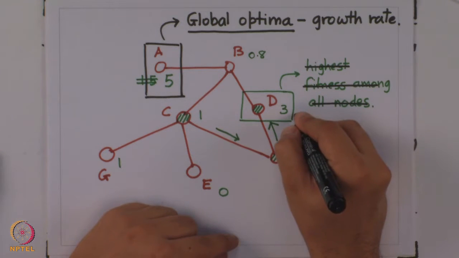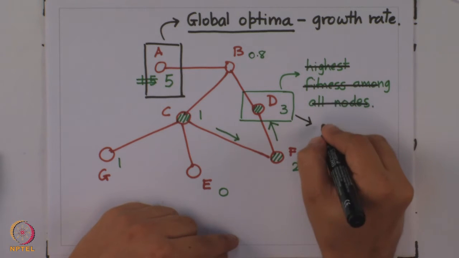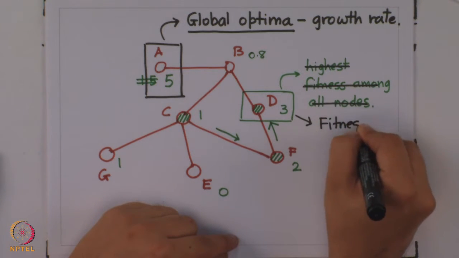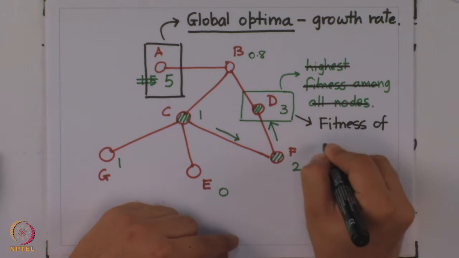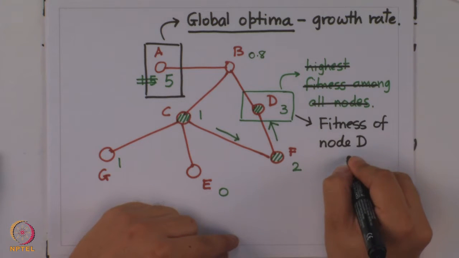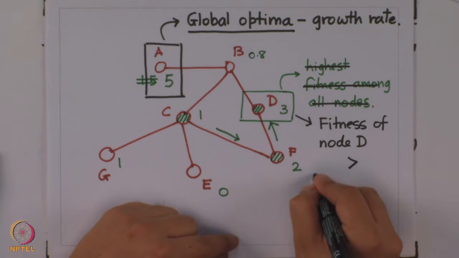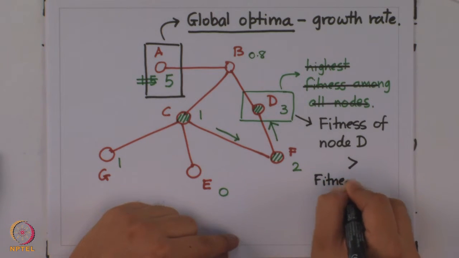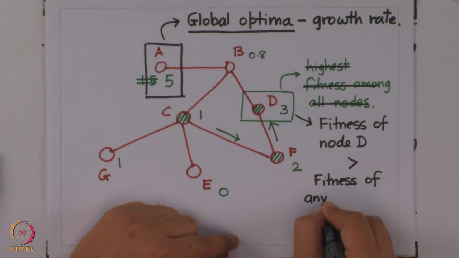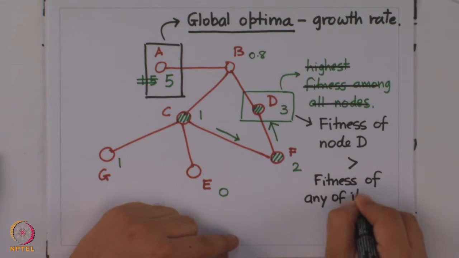What is the characteristic of node D is that the fitness associated with node D is greater than the fitness of any of its neighbors.